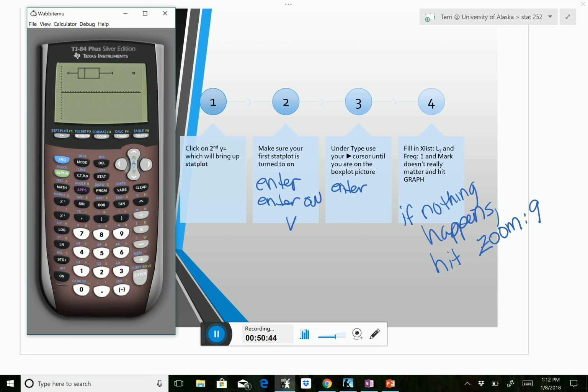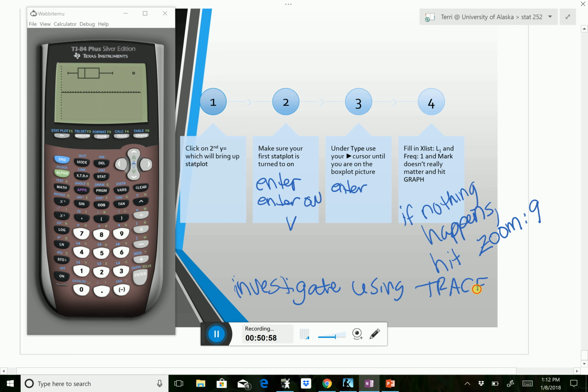Now I can look at my box plot and investigate it using the trace key. If I hit the trace key, it'll give me my minimum, the first quartile, which is 45, the median, 47.5, and I'm just hitting the side key to do this.